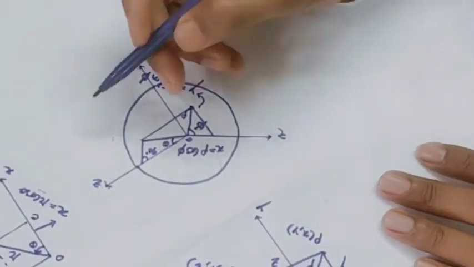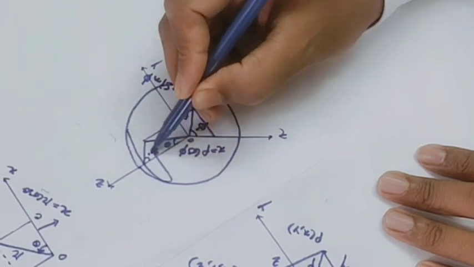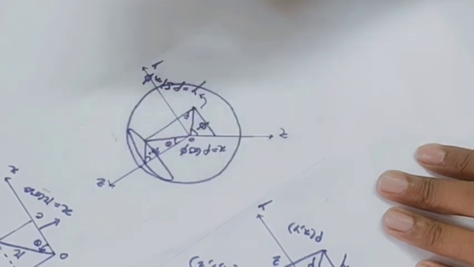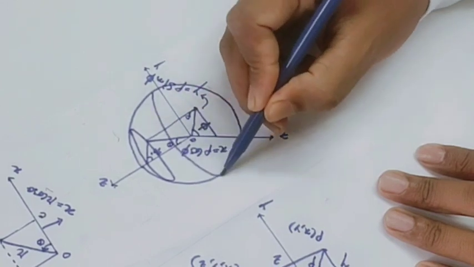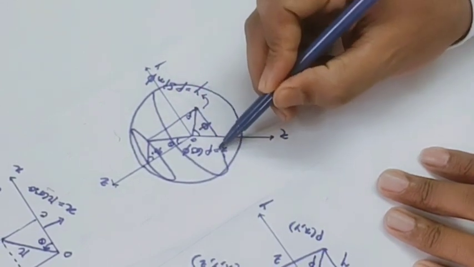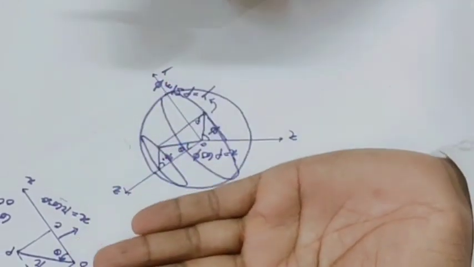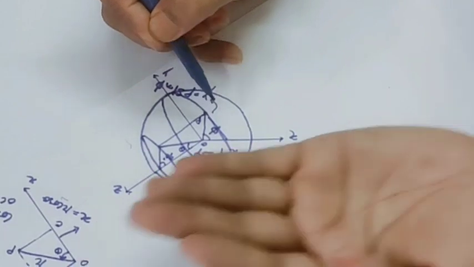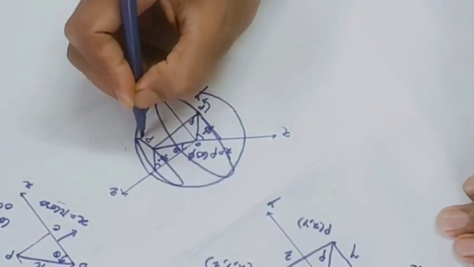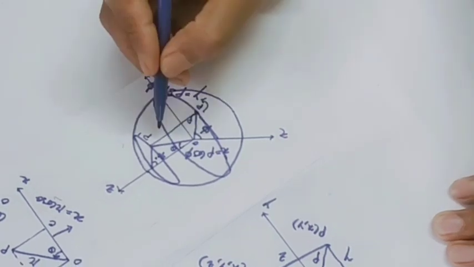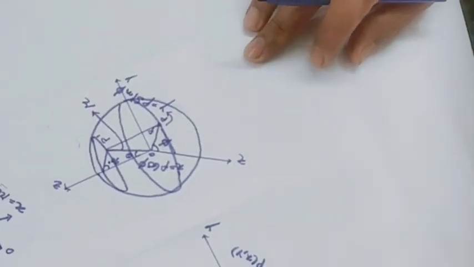So you can visualize if I draw the slices. These are the slices. This is the xy plane, in 3D this is the xy plane. So this plane is here like this, and the point P is here. So this is point P and this is P dash.